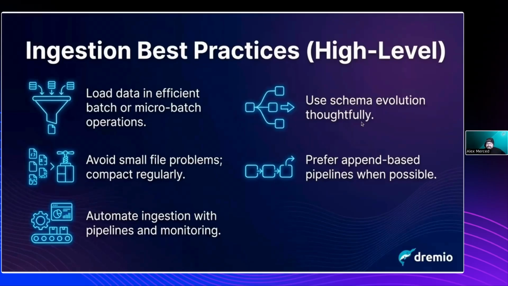Okay. Use schema evolution thoughtfully. Don't just add columns because you can. What happens a lot of times is people change how the data looks upstream, and basically, well, there are additional fields, so downstream we're just going to accept them.